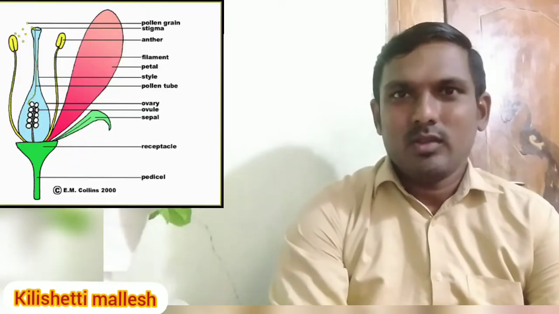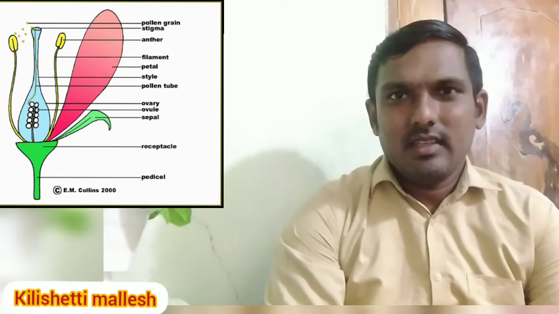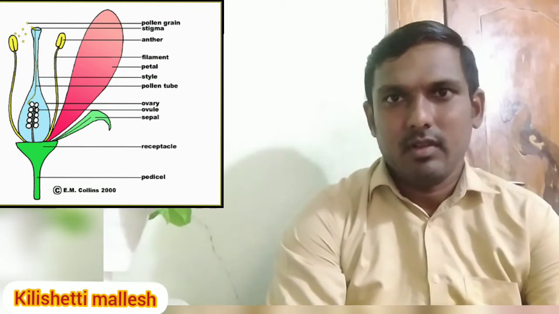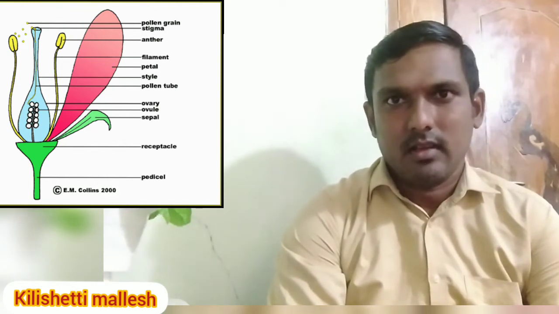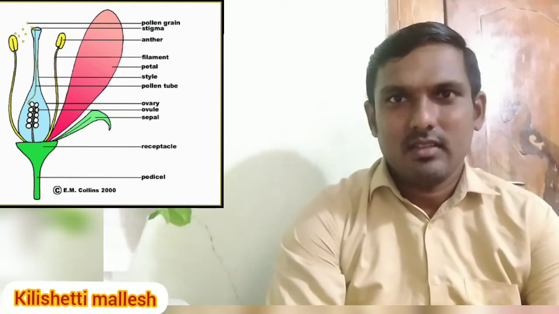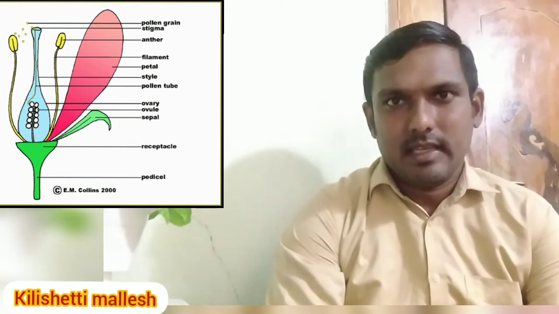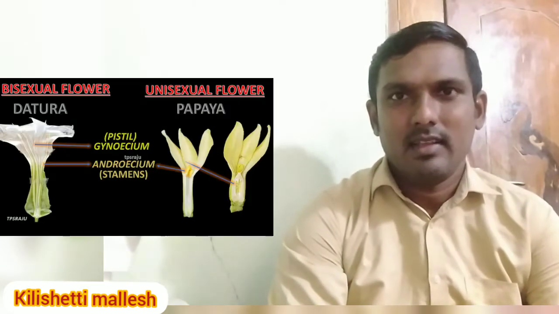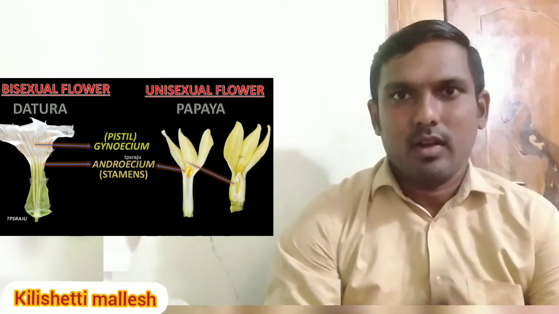So how are they involved in the reproductive system? Let us see that there are different flowers: complete flowers, incomplete flowers, unisexual flowers, and bisexual flowers. First let us discuss unisexual flowers. A flower that contains only one sexual organ, either male or female, is called a unisexual flower. Uni means one.